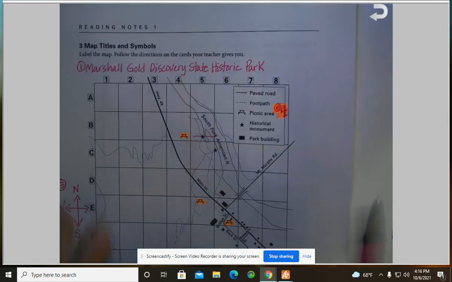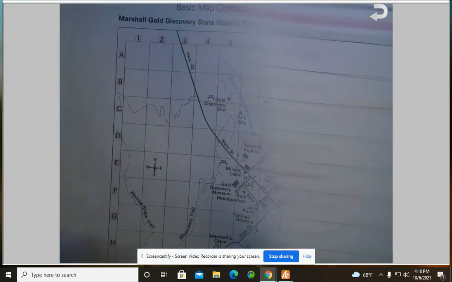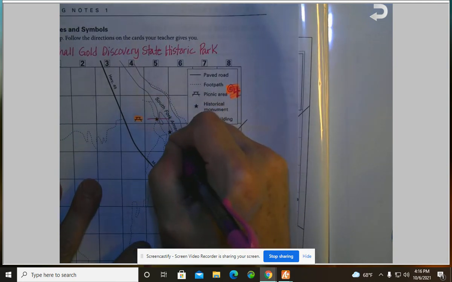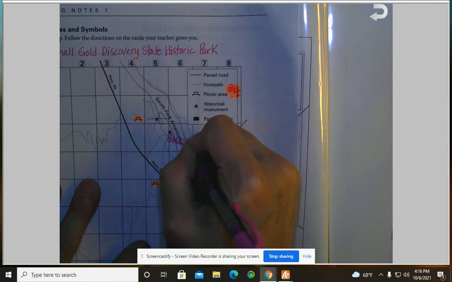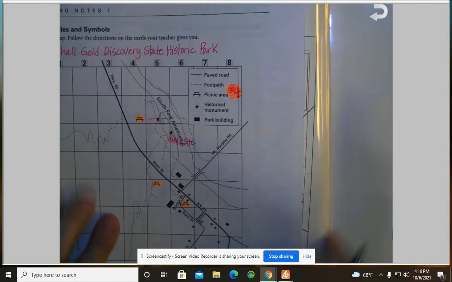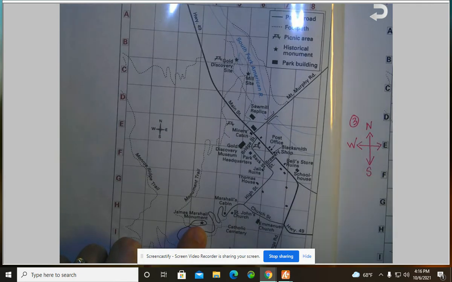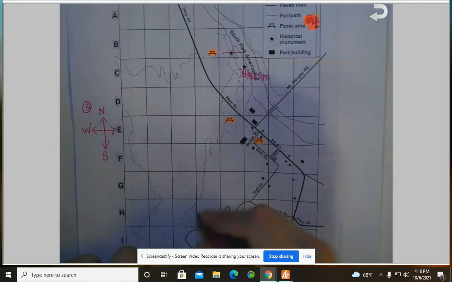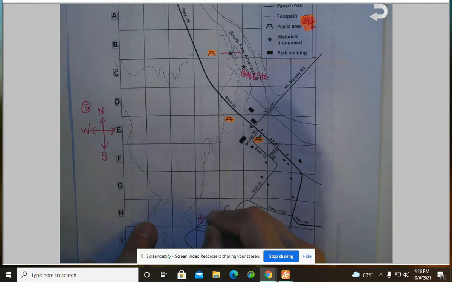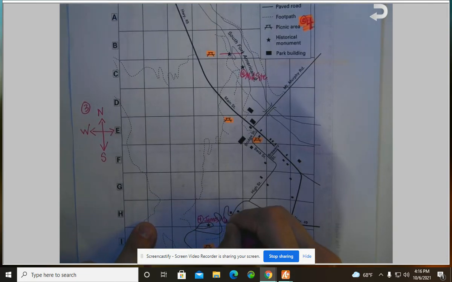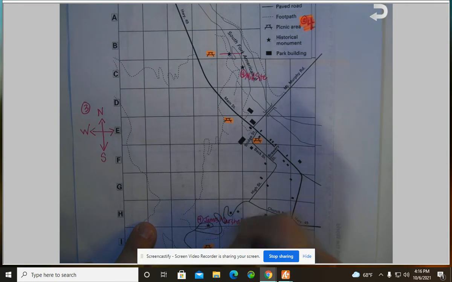So we have to figure out this star and this star. So that's going to be the mill site. And this one is the James Marshall Monument. So I'm going to put James Marshall Monument.